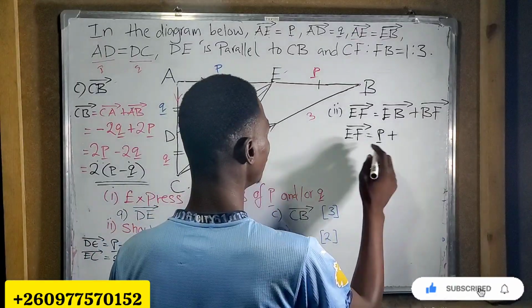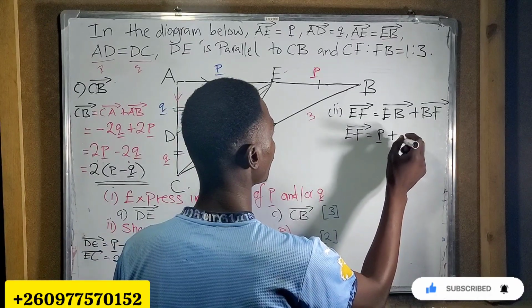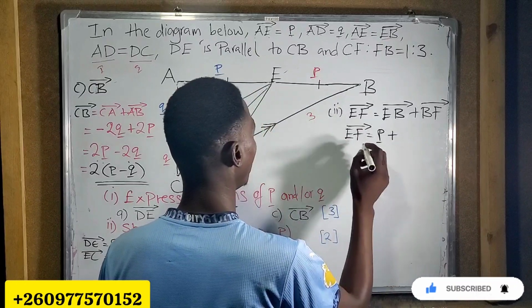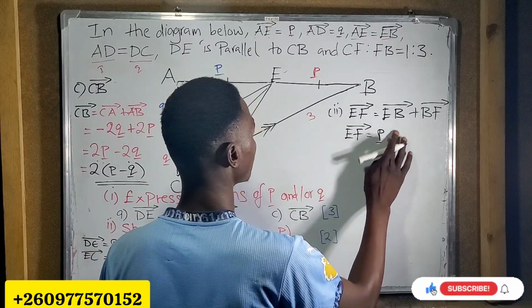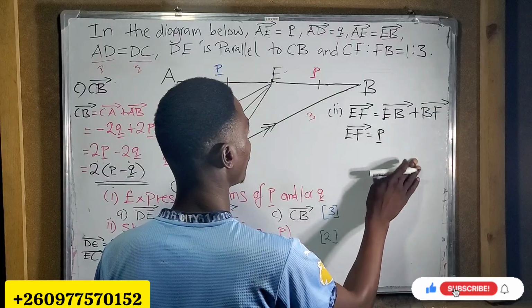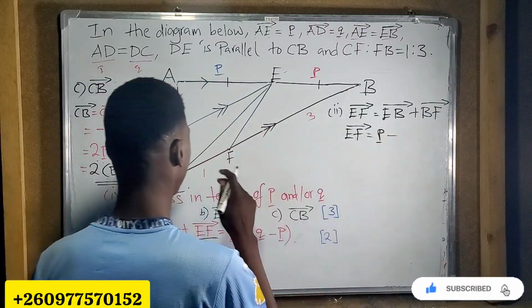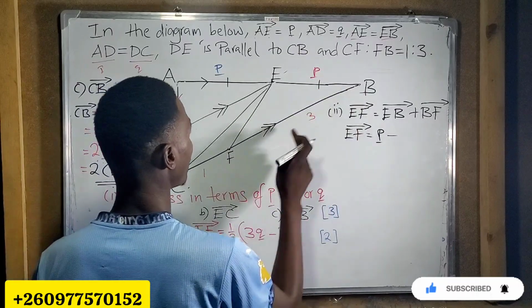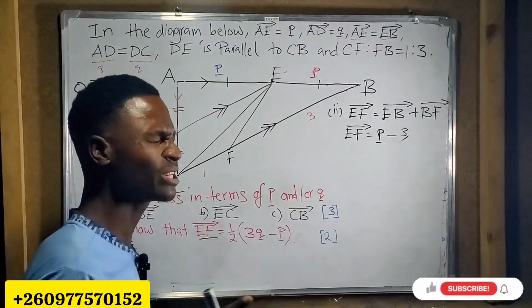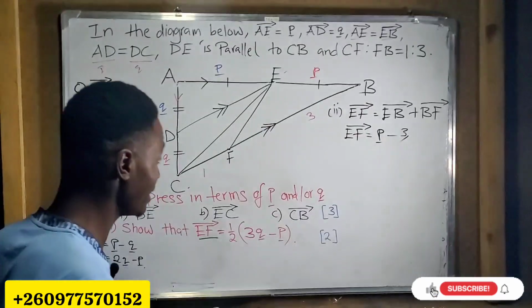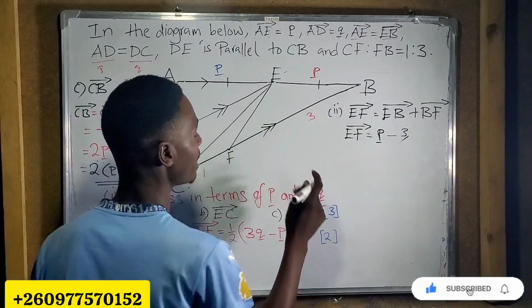All right. So we are going to write, let me not even put a plus, negative from here up to here is 3. 3 over, I want you to understand here, 3 over what? Total segments, 1 plus 3, 4.